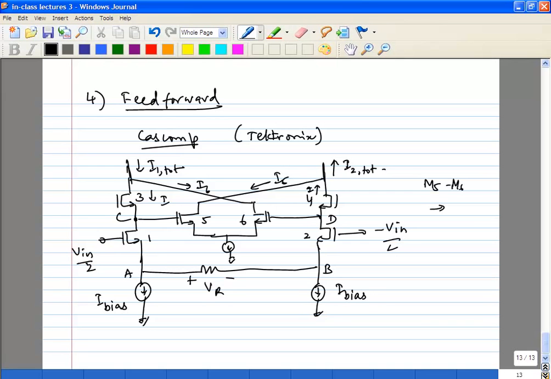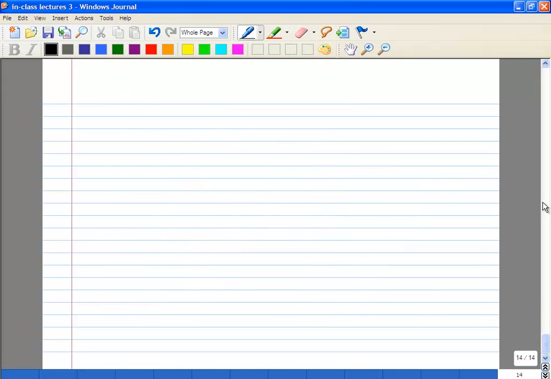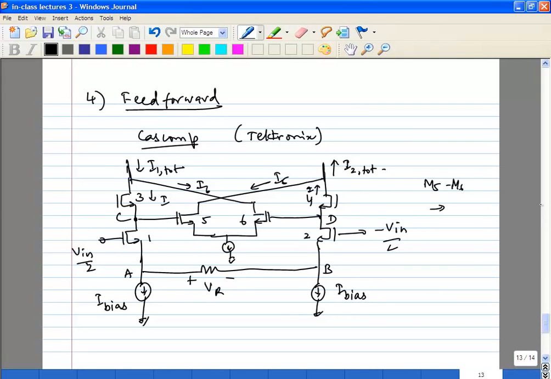Okay, so the next thing to do is you're going to calculate VR, which is VAB. VA is Vn by 2 minus VGS1, and VB is minus Vn by 2 minus VGS2.